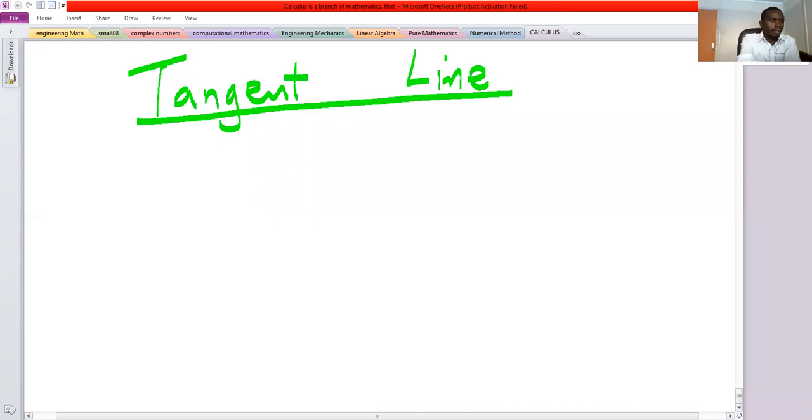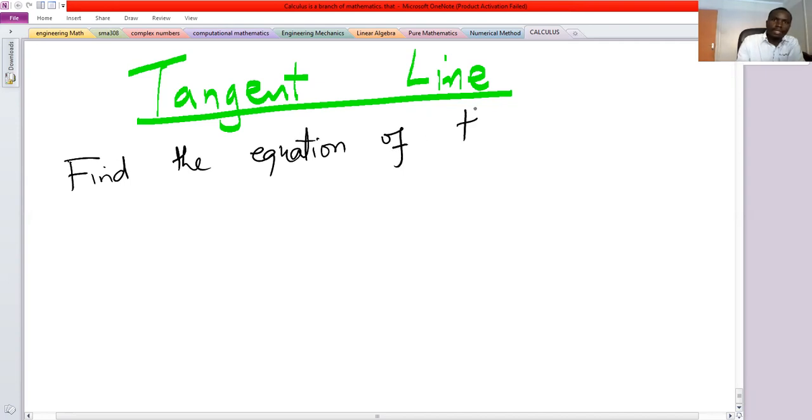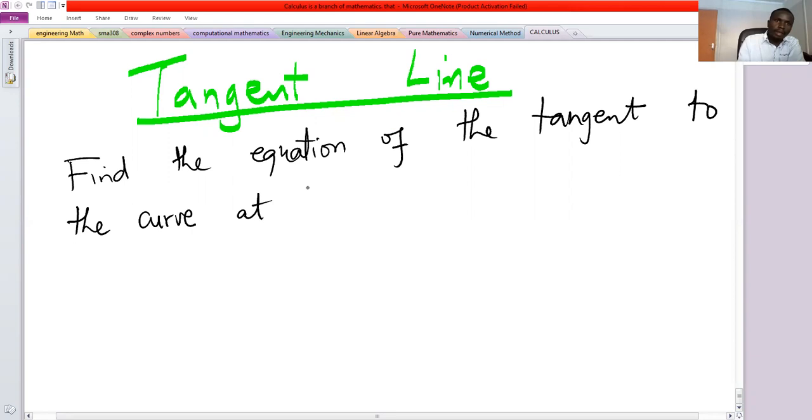Welcome to this class. This session, we are still going to give more examples on determination of tangent line given a curve and a point. So the problem is: find the equation of the tangent line to the curves at the given point.